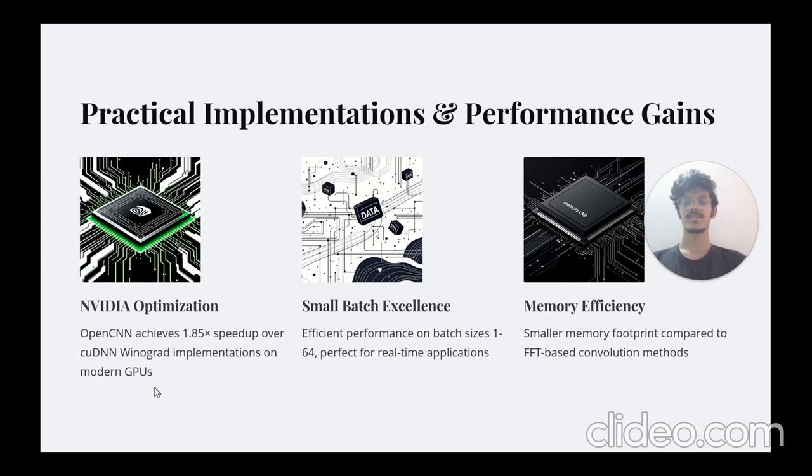But for smaller batches, there is efficient performance. Basically, the smaller low power edge devices, which use small kernels, are perfect. The Winograd algorithm is perfect for those applications. And it's also memory efficient because of its smaller memory footprint compared to fast Fourier transform convolution methods.